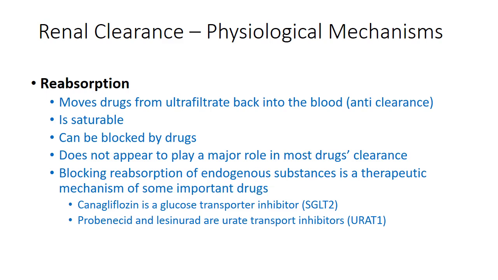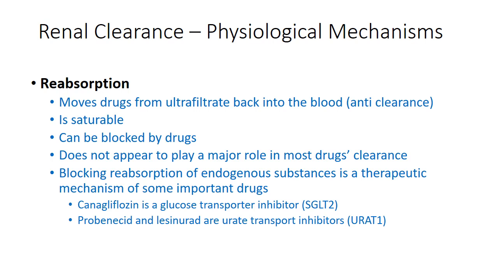So canagliflozin, the drug for diabetes, is a glucose transporter inhibitor. That blocks the reabsorption of glucose, as that's its pharmacological target, SGLT2, to promote glucose excretion. So we can target transporters therapeutically, or the drug itself could be a transporter substrate. Probenecid and lesinurad for gout both target the urate transporter that's on the apical membrane, the membrane in contact with the urine.